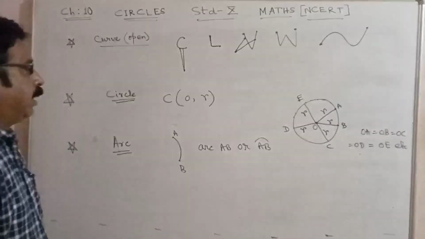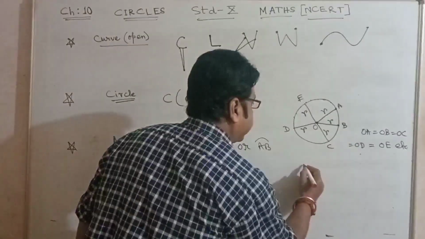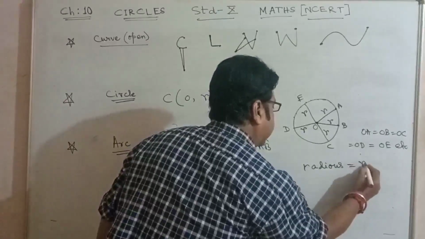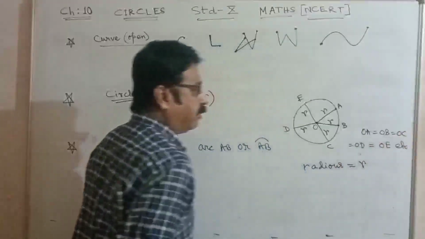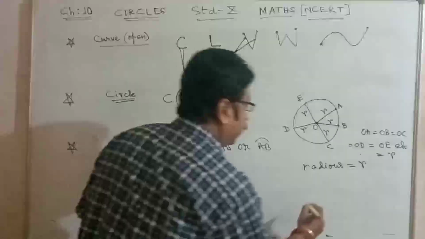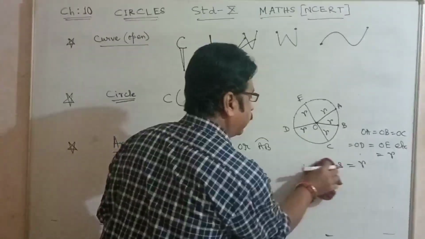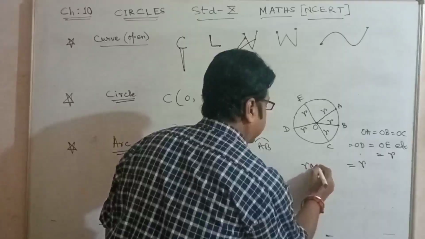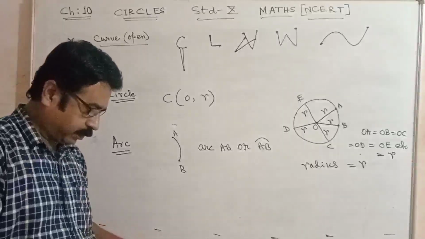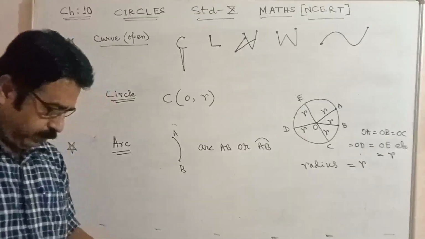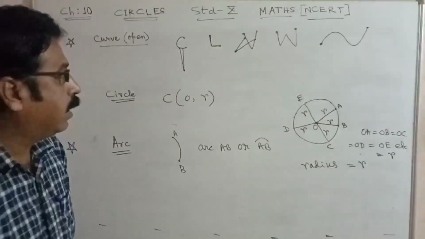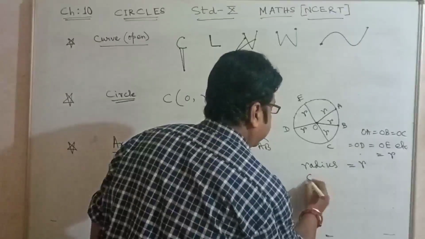This radius is taken as R, that means OA equals OB equals OC, etc. It is the radius of the circle, and the center is point O.